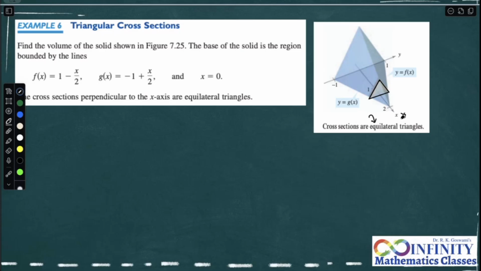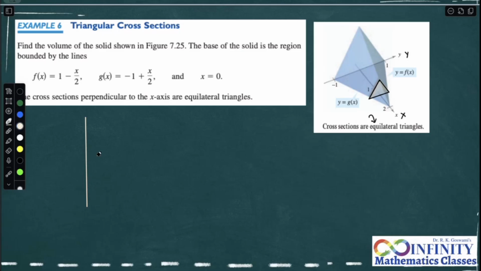This is your x-axis. This is your y-axis. This side is g(x). This side is f(x). f(x) and g(x) are given to you. If you don't have any issue, I wish to draw them separately. Give me a second. Okay. Is it vertical? Yes, almost vertical.